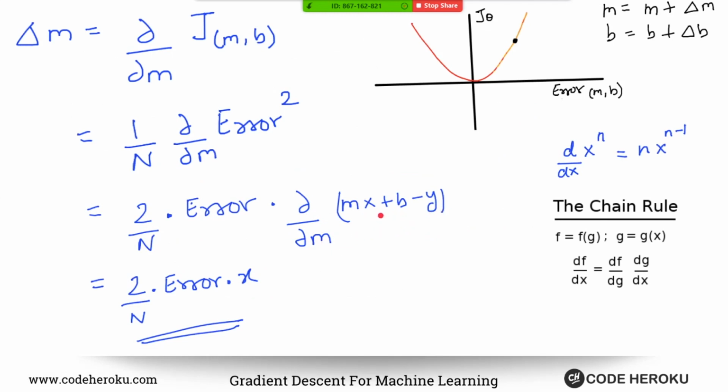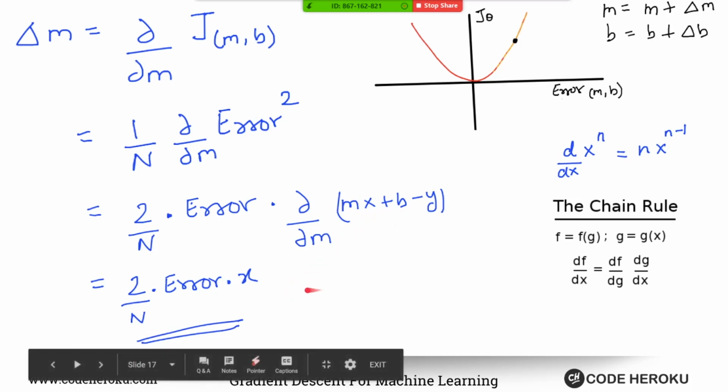So d by dm of mx is going to give us just x, because x is a constant. This is not usually how we do it. In general you will have x which is not a constant, but over here x is a constant, b is a constant, and y is a constant as well. So everything else is gone because there is m over here, which is what we are differentiating with respect to. This x gets left out, this constant still stays, everything else becomes 0. This x will come down over here.